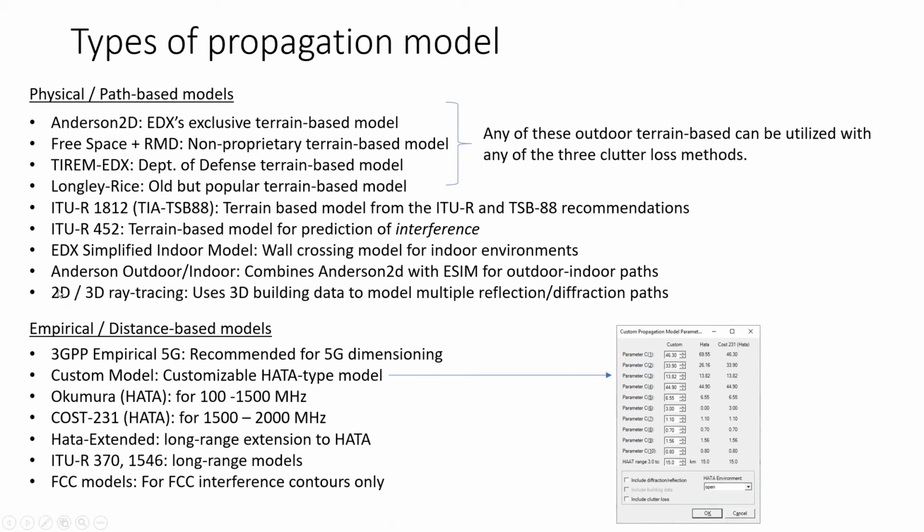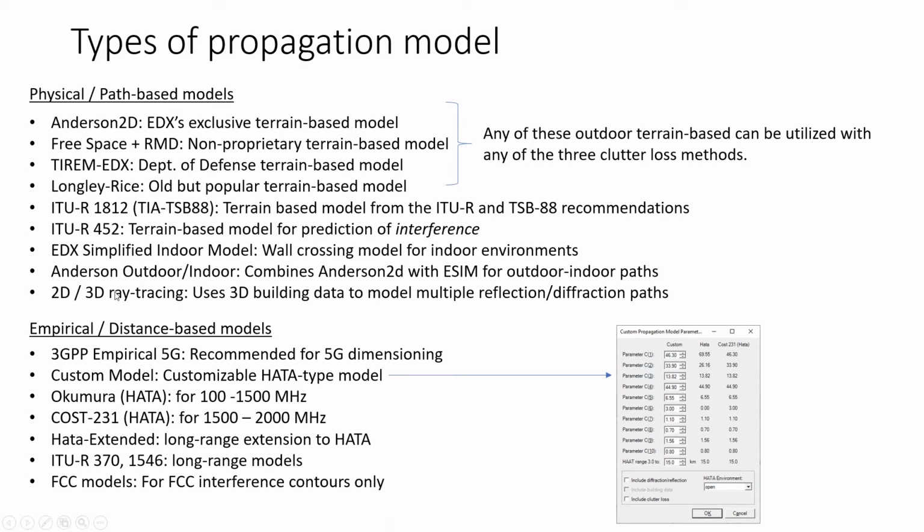And then finally, we offer 2D and 3D ray tracing with the advanced propagation model. That uses building polygon data where your buildings need to be defined not only in terms of where the polygons are, but you assign wall material types to the building exterior, or if you're doing indoor-outdoor studies, you assign material types to all the walls and things inside the building.